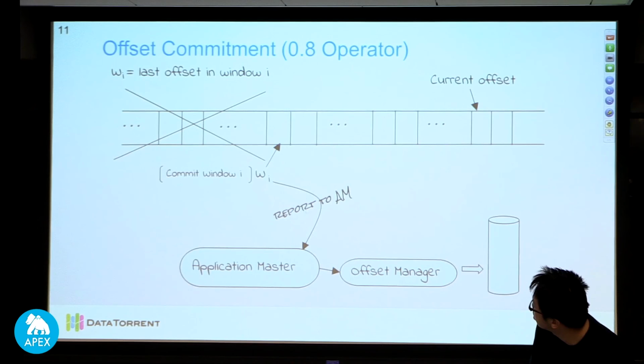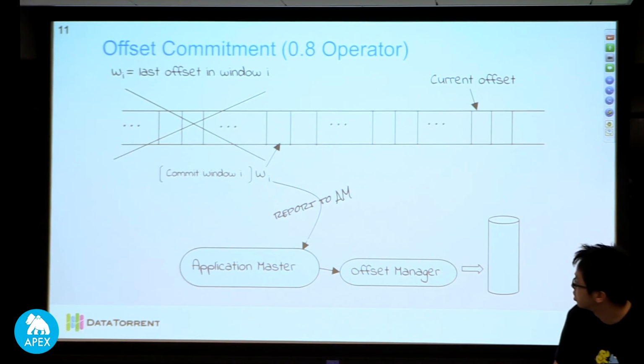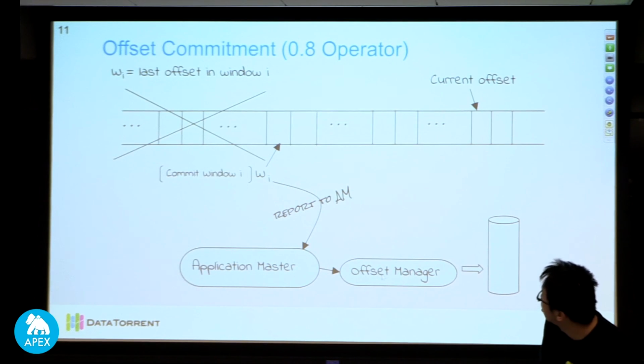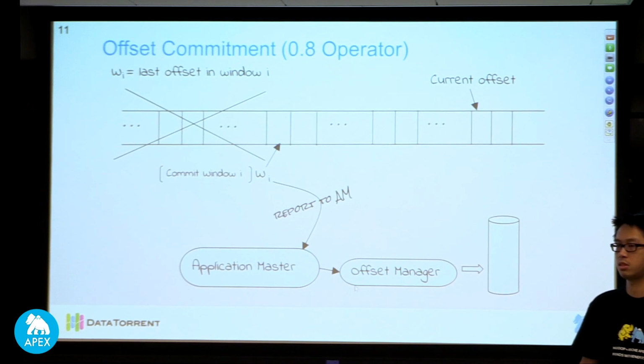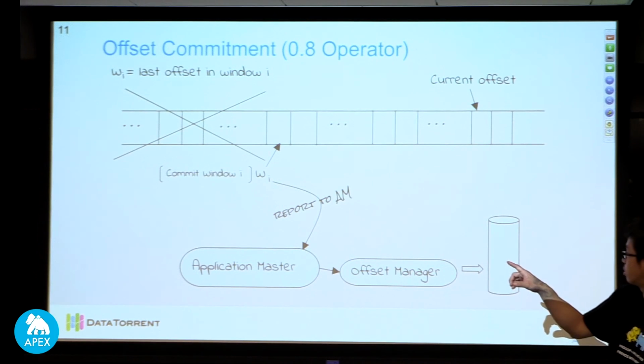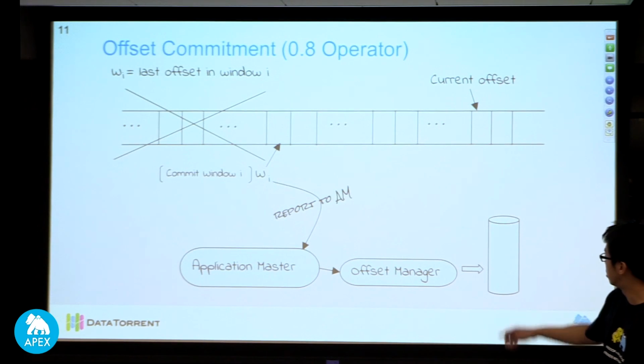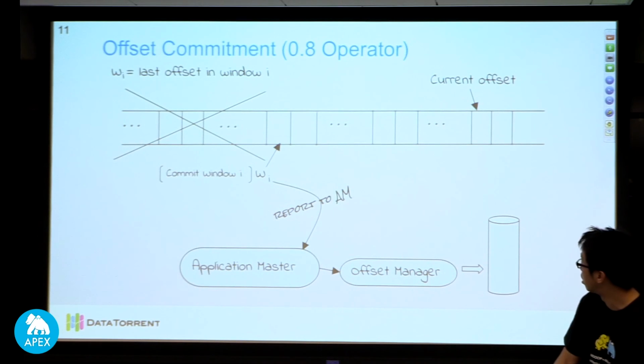The next thing it will do is save the offset with that window into some persistent layer. In 0.8, the offset with committed window I is reported to the application master, and then the application master uses an interface called offset manager to save the committed window offset into the data store, into whatever you implement.